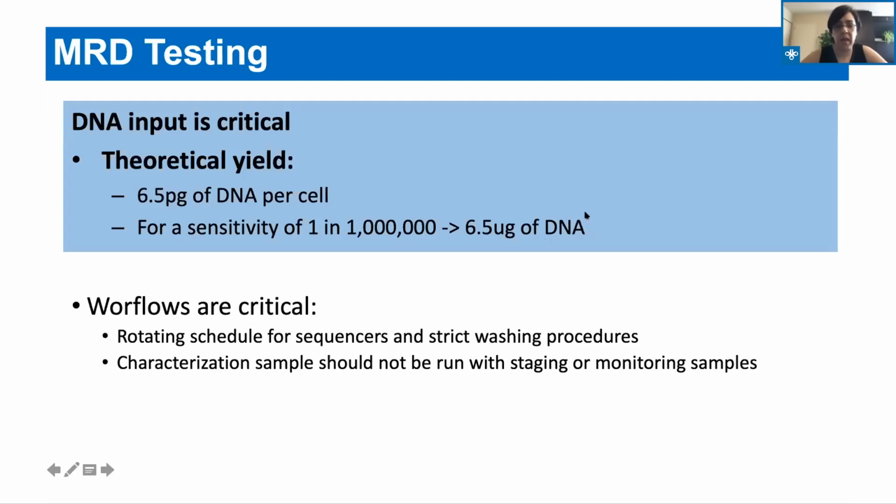This is not necessarily feasible in a clinical laboratory, because you would have to have one entire run per patient. So in our lab, we have decided to do 1 × 10⁻⁵ rather than 1 × 10⁻⁶. But as you saw from the prior slides, this actually gets us to exactly the same level of performance as the flow cytometry, even though the flow cytometry is getting to 1 × 10⁻⁶, and this is because of the specificity of the clone that you're looking for.